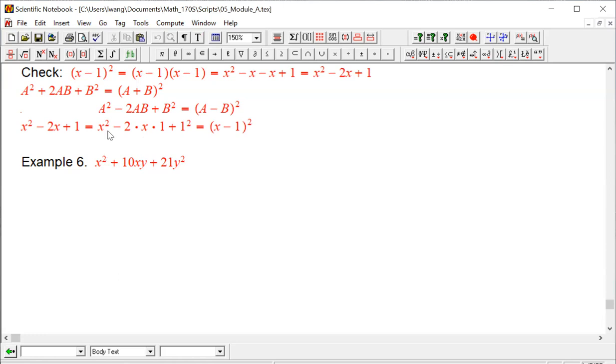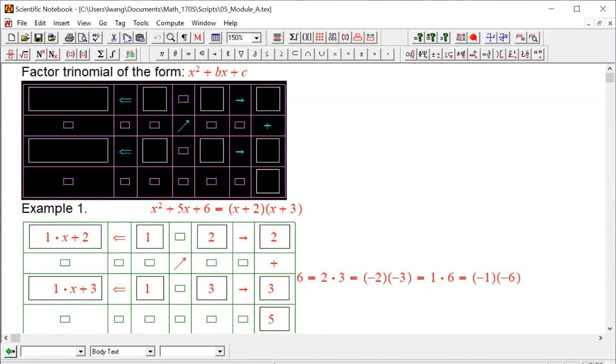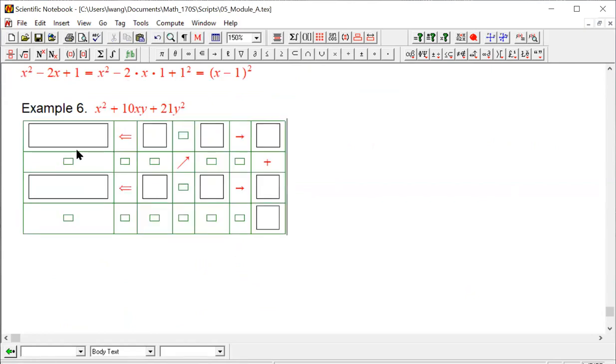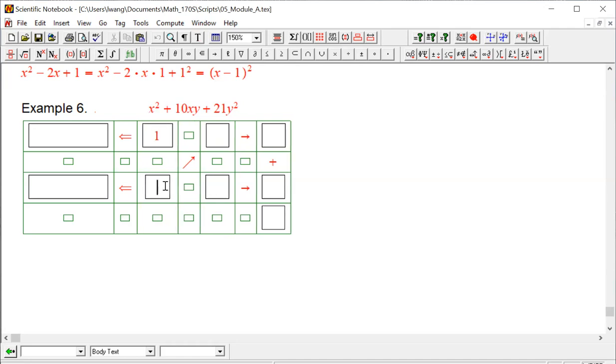Okay, and we're still going to use the same setup. But we have 2 variables. Which one do we use, right? We will just use x as the leading, as the primary variable, and everything else will be considered part of the constant. So 1 is equal to 1 times 1.